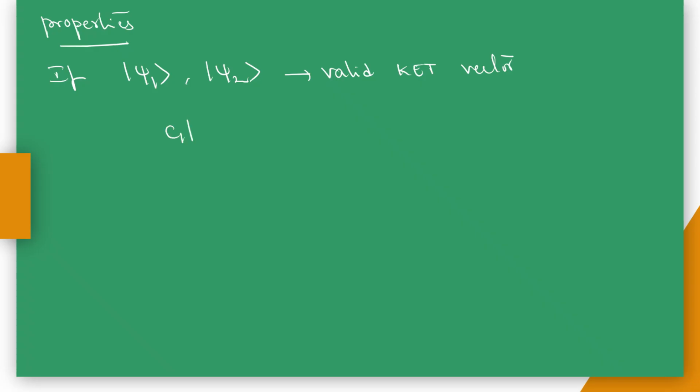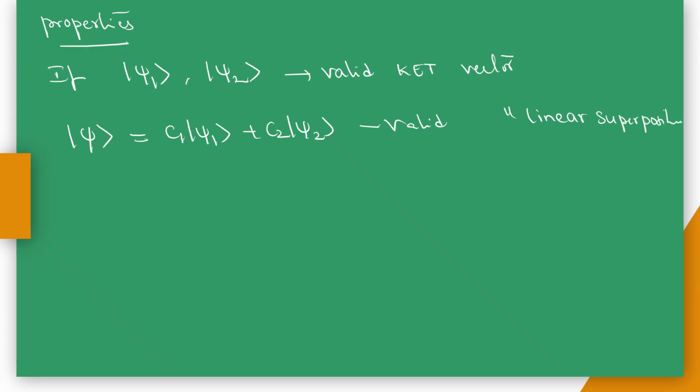That is C1 psi 1 plus C2 psi 2 is also a valid ket vector, and it can be written as ket psi. So this is called linear superposition. That is, bra and ket follow the linear superposition principle. Similarly, the inner product between the bra vectors also follows the linear superposition principle. The inner product between a bra and ket is also linear.